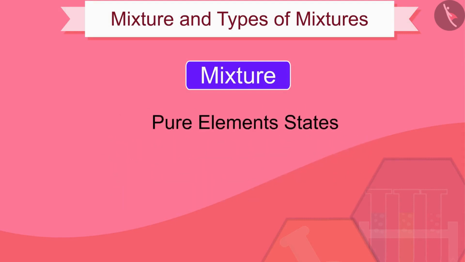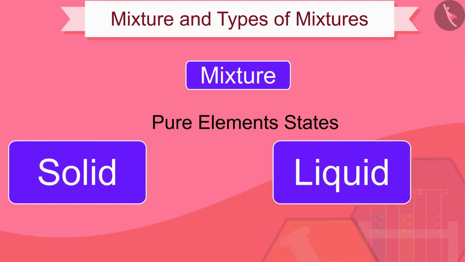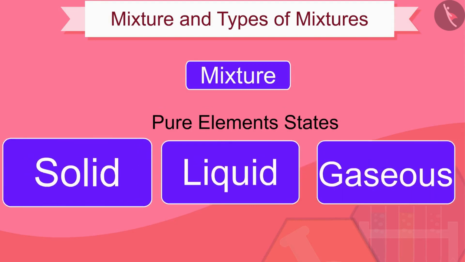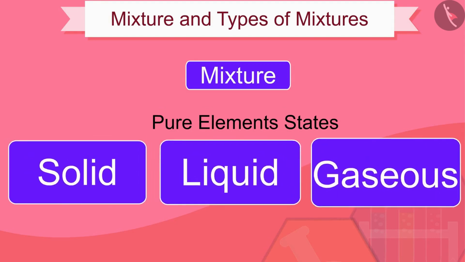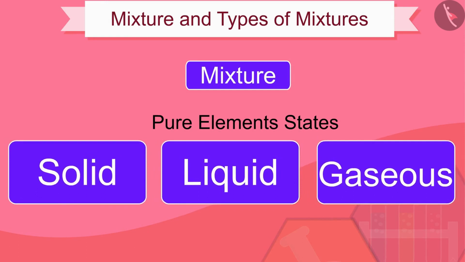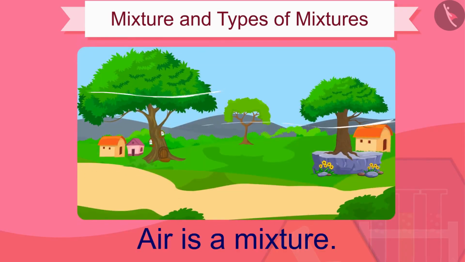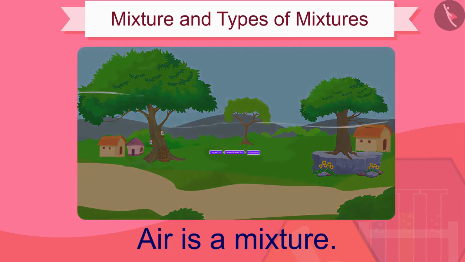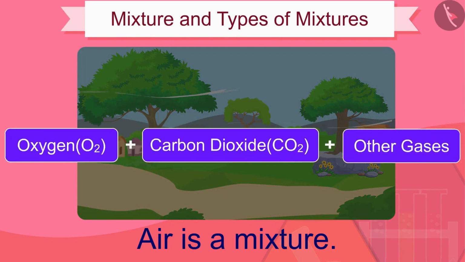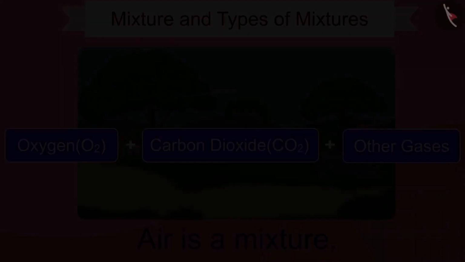Since pure elements can be found as solid, liquid, or gas, mixtures can also be found in any of these states. For example, air is a mixture because it is made by mixing different types of pure substances and compounds, such as oxygen, carbon dioxide, etc.